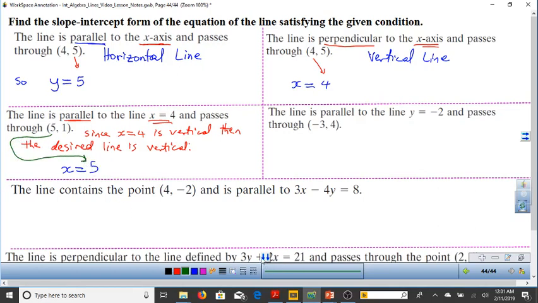Now, if its line is instead parallel to a line y equal to -2, y equal to -2 is a horizontal line.